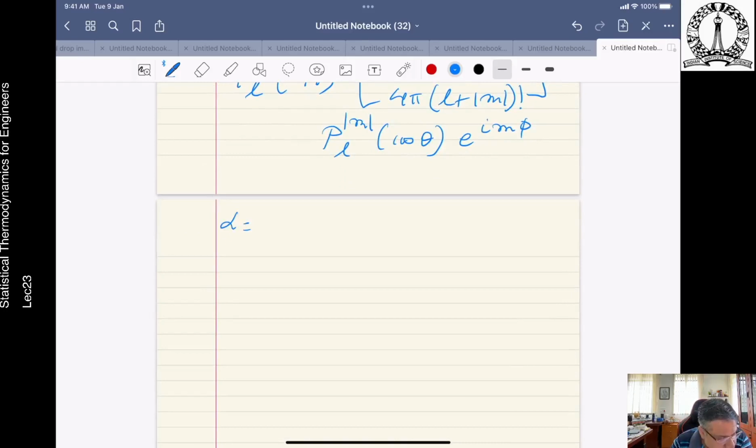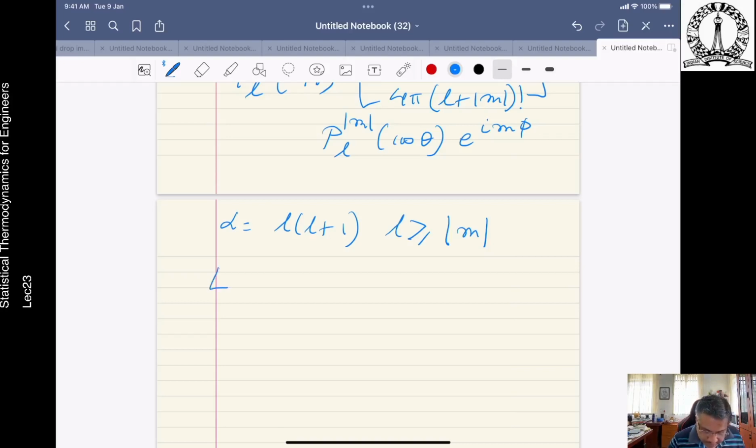Similarly, alpha is equal to L into L plus 1, where L is greater than or equal to the mod of m. So similarly, we introduce the concept of orbital angular momentum by invoking the equations that we did earlier. I will again recopy the equation.